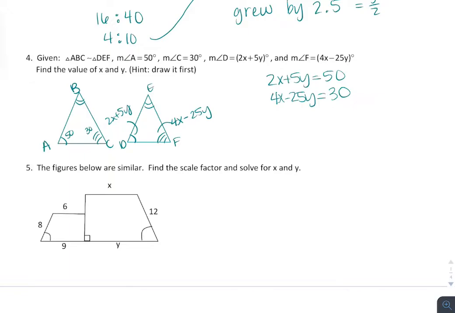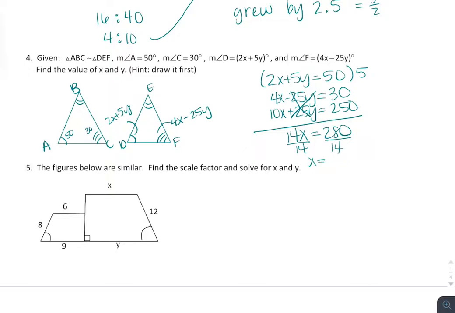I solved this by canceling out my y's. So I multiplied this top one by 5. So I had 10x plus 25y equals 250. So I had 14x equals 280. Divide by 14, and x equaled 20.